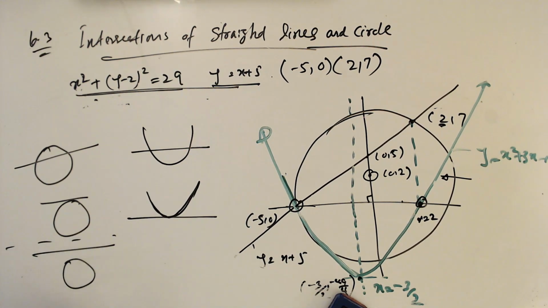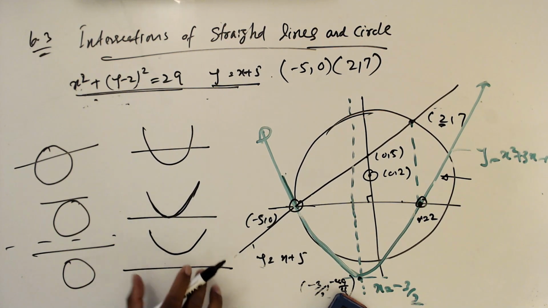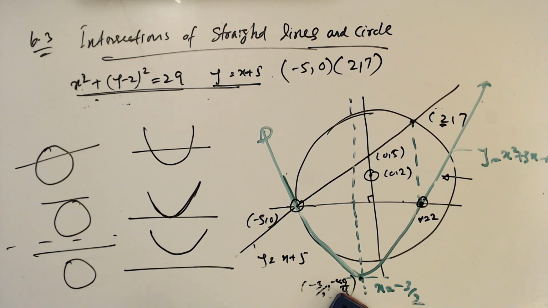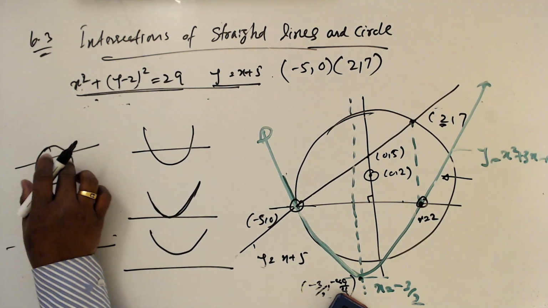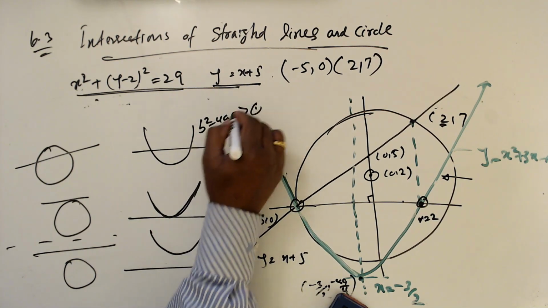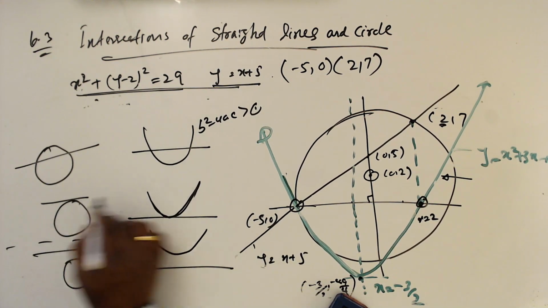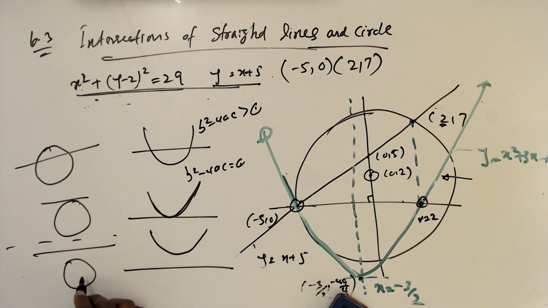The circle and the line don't intersect, meaning there are no roots for this quadratic equation. So that's what you need to know. So if there are two intersection points, b square minus 4ac greater than 0, and if it is 1, b square minus 4ac equal to 0, and if there is none, b square minus 4ac less than 0. So this is the summary basically.